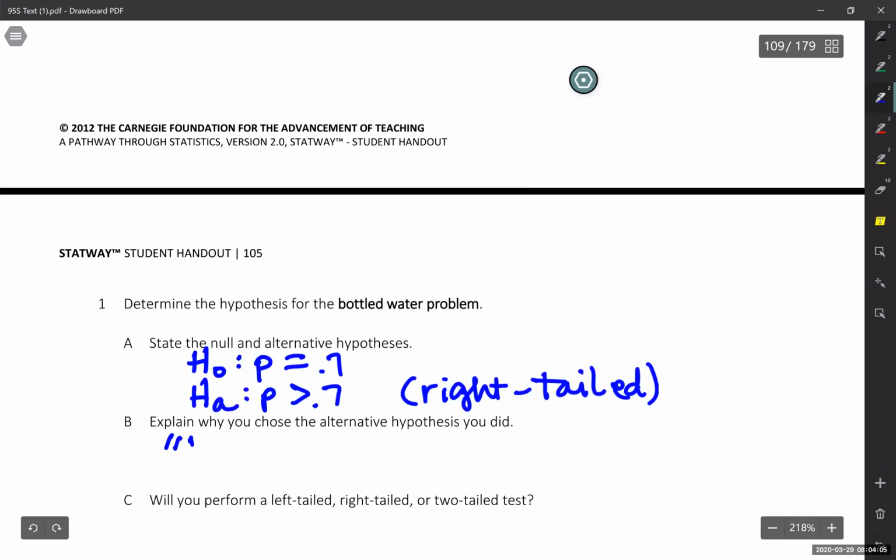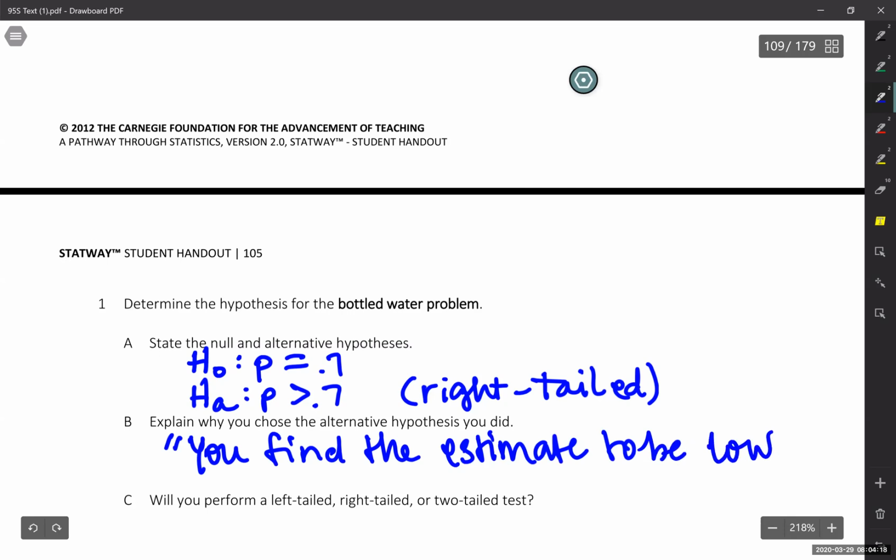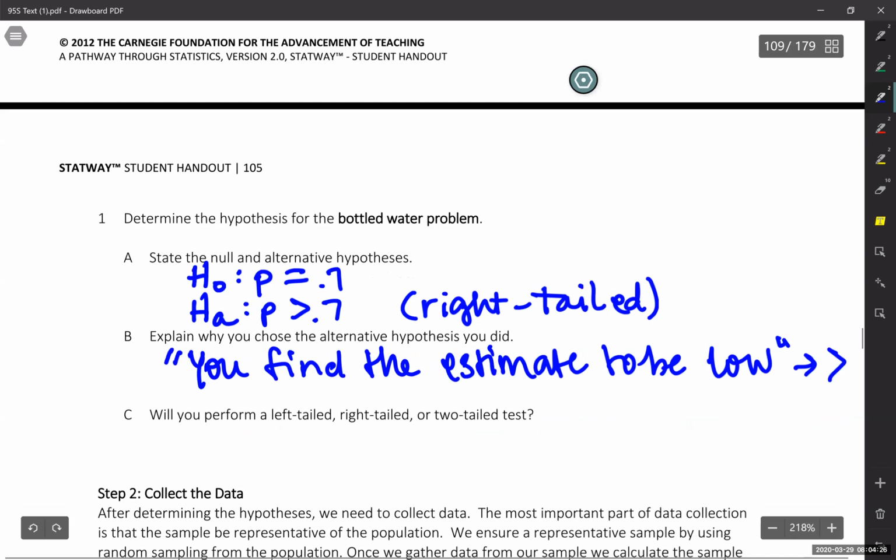That was the phrase that got us to that alternative. That's the phrase we used to tell us that we wanted to do a greater than alternative hypothesis. And we already answered that, but it is a right-tailed test.